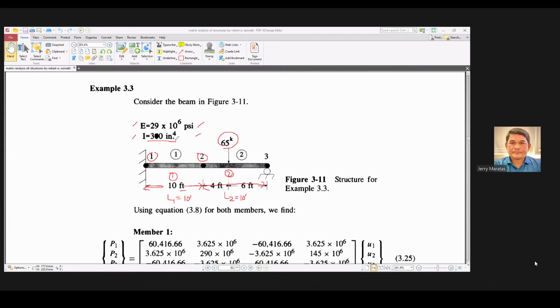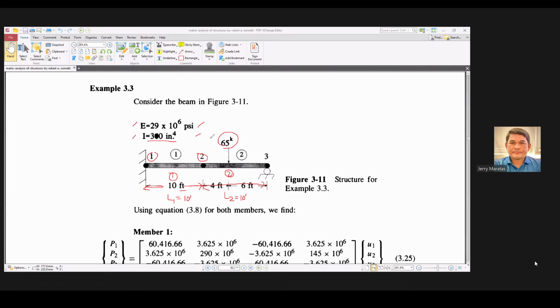In an actual situation, you can compute the moment of inertia if you have the dimensions of your section. I believe you are really familiar with how to calculate the moment of inertia.